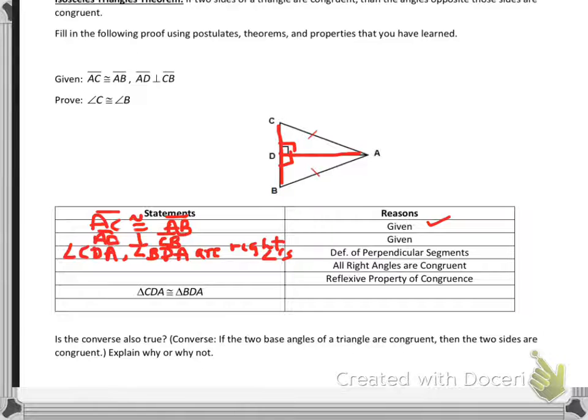So angle CDA is congruent to angle BDA. If they're both right angles, they're both equal to 90 degrees, so they have to be the same. So we now have an angle, and we have the hypotenuse or a side, depending on how we end up looking at it.